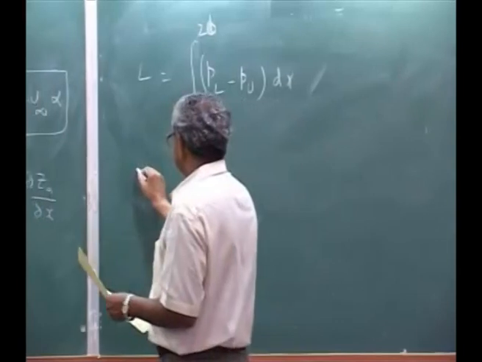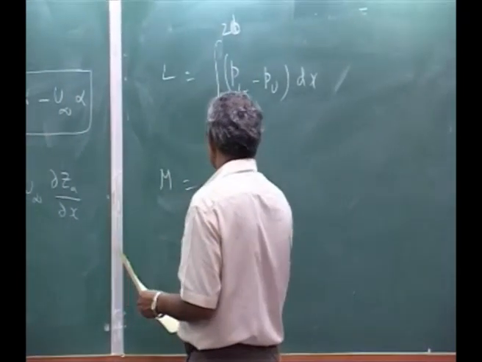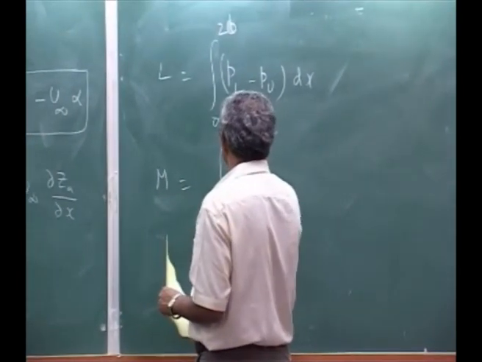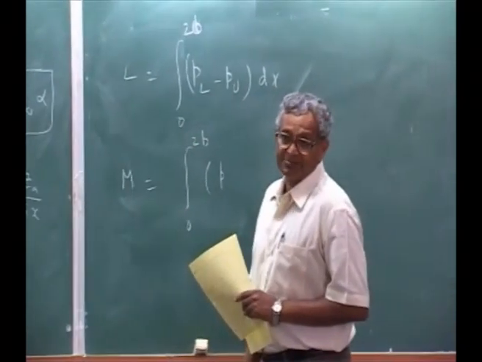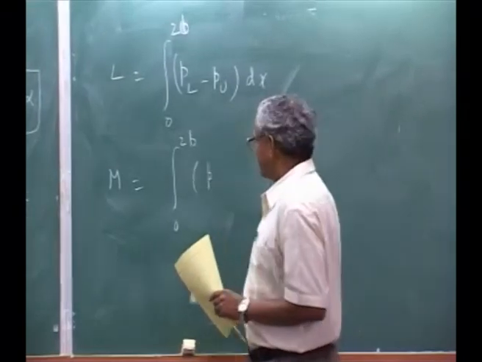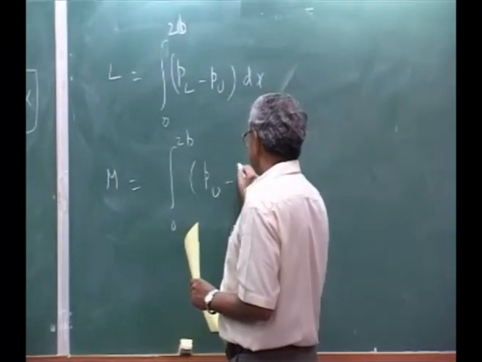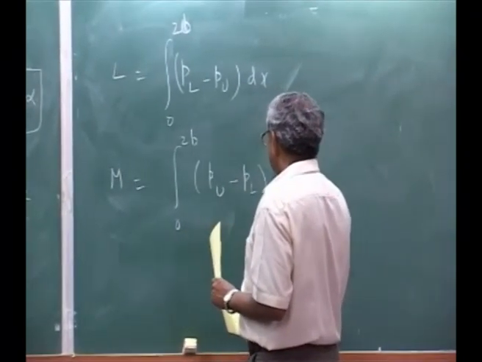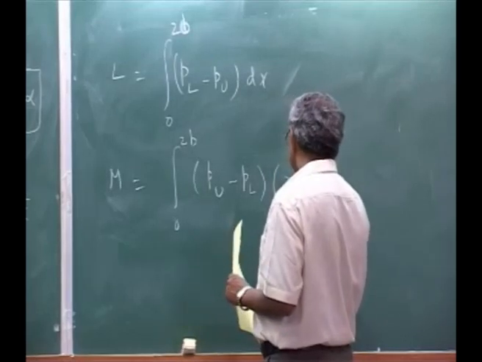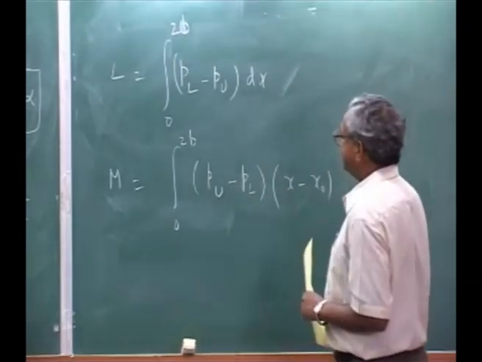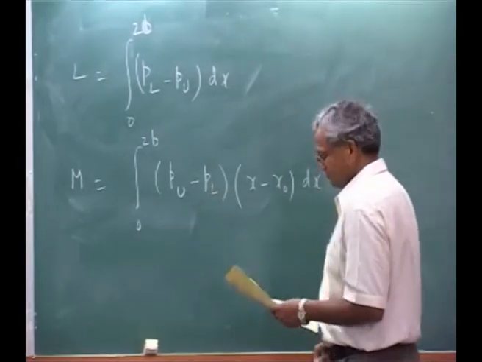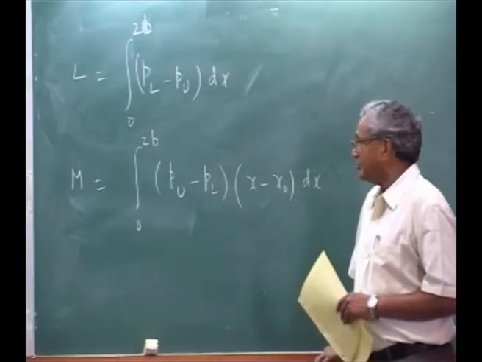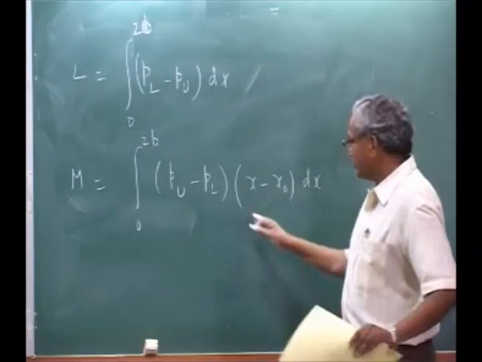And the moment, you can write it as integral again 0 to 2B of P, because moment we are taking as positive, so P upper minus P lower into X minus X naught into dx. This is my moment expression.